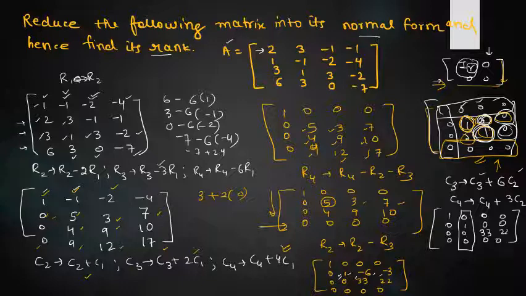So to make it 1, what you will do? Divide it by 33, right? I'm not doing it in row, because if you do in row, then 22 by 33 will make it a fraction, right? So that's why I'm only applying in column, because that will not be difficult to solve as all other elements are 0.